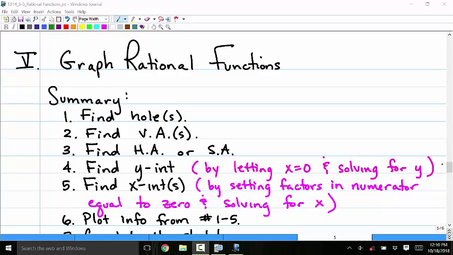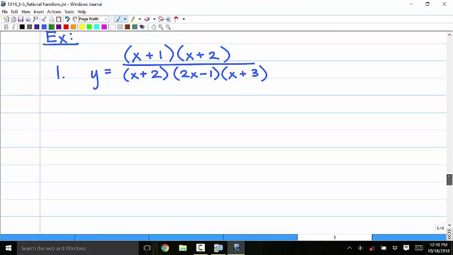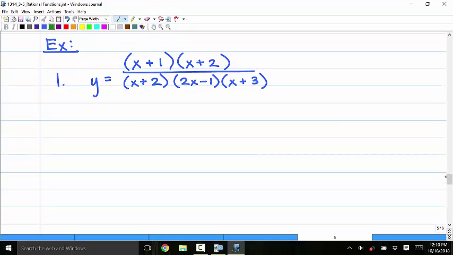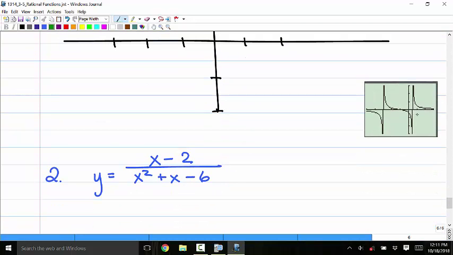So number 1. Graph (x plus 1)(x plus 2) over (x plus 2)(2x minus 1)(x plus 3). I'm going to tell you the graph on the calculator is right here.